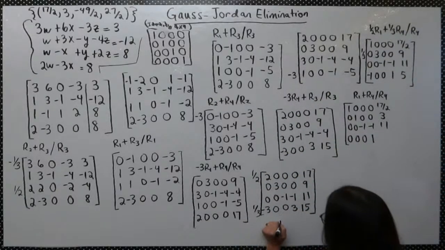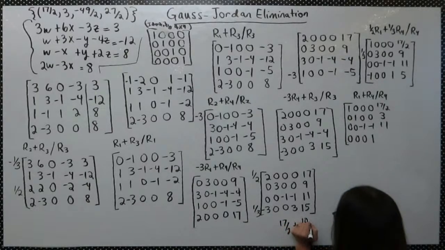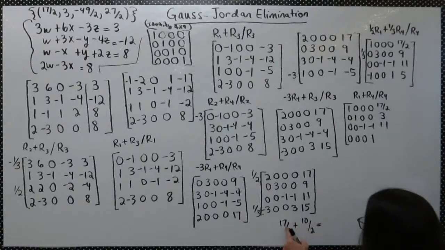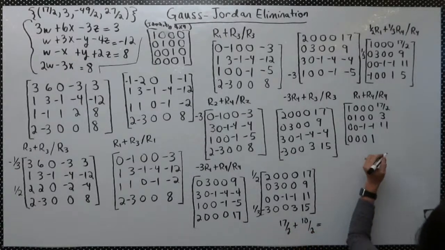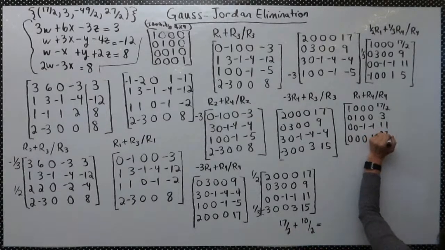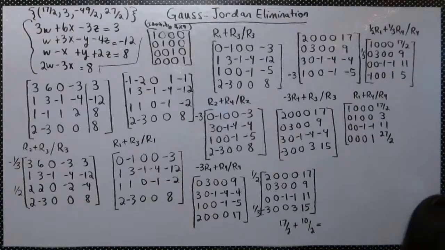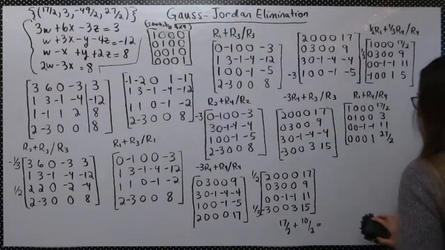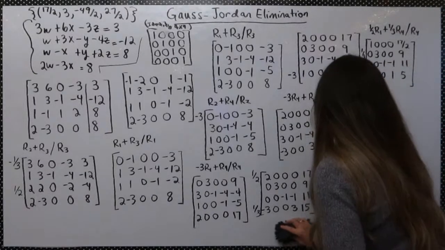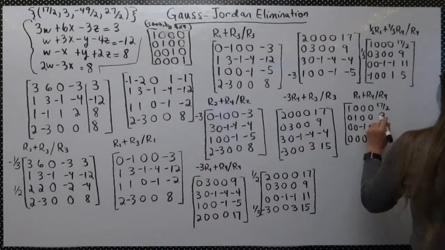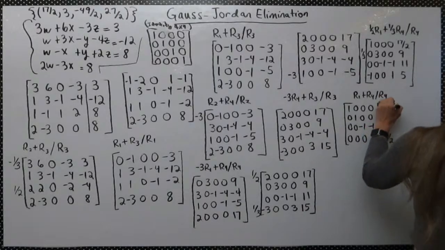Put it here. 17 halves plus 10 halves. 10 divided by 2 is 5. So that's going to be 27 halves. So here, 27 halves. Perfect. That's 11, so we'll keep that together.